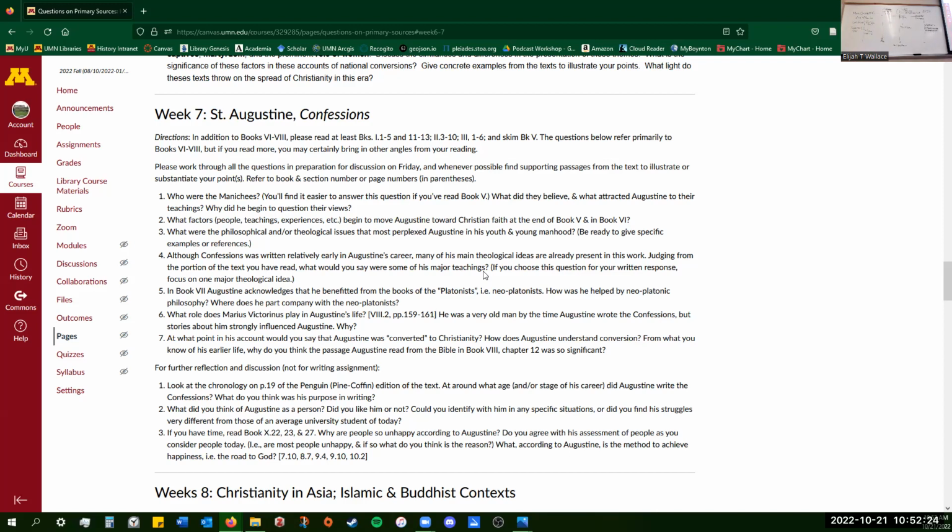I think Augustine kind of agrees with the Manichaeans in the sort of dualism of the corporeal world, but at the same time, he seems to think that this incorporeal world is this realm of perfect goodness.